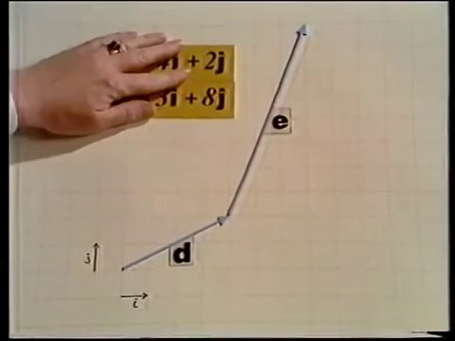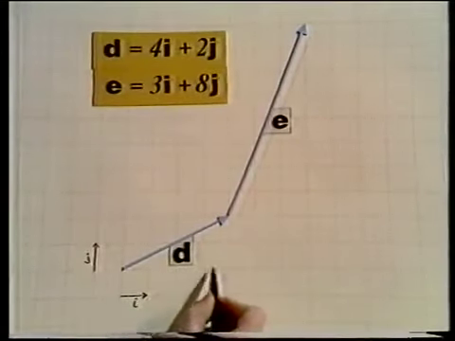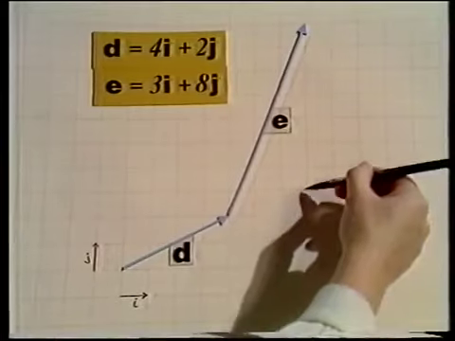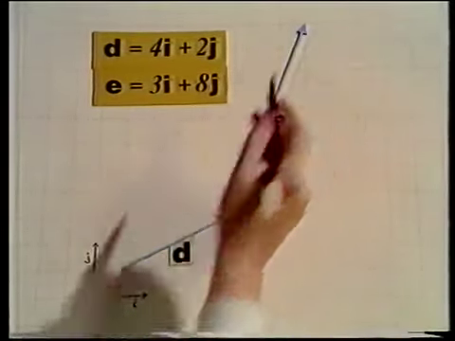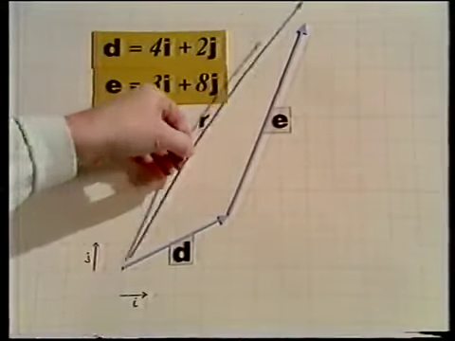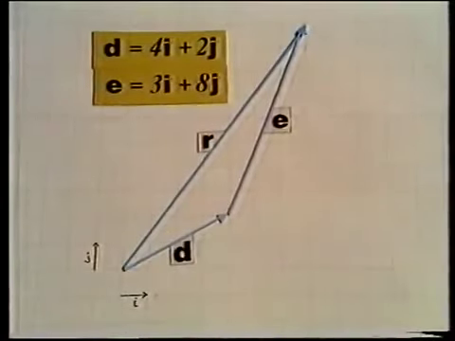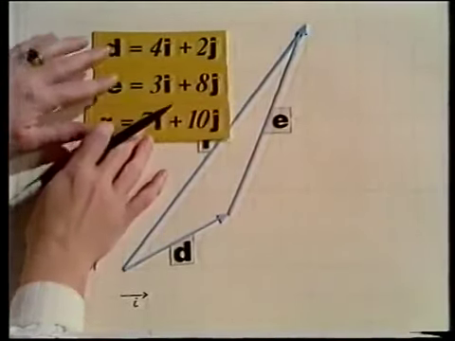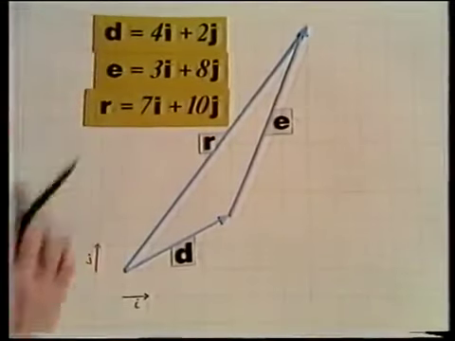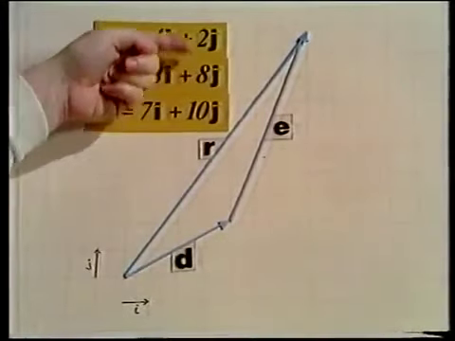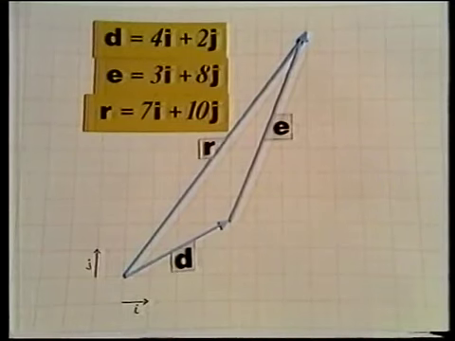If I add those together, then I've got 7 I plus 10 J. That's this vector. And by putting that in there, you can see that all I've done here is to add the i's and add the j's. So to add vectors, all we need to do is to add together the x components and the y components.